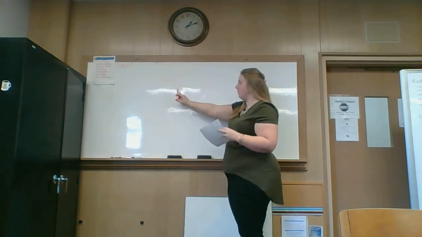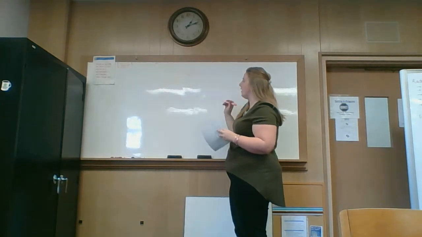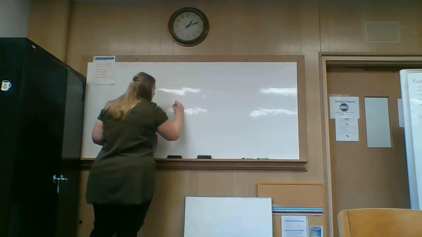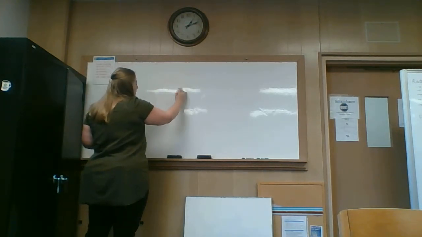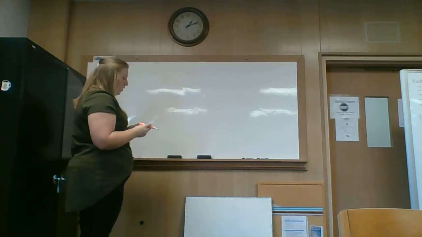Because we have this ending, we know that this is the enol form of this. We have a carbon-carbon double bond right next to an alcohol group.